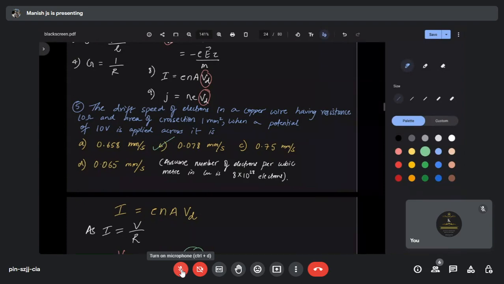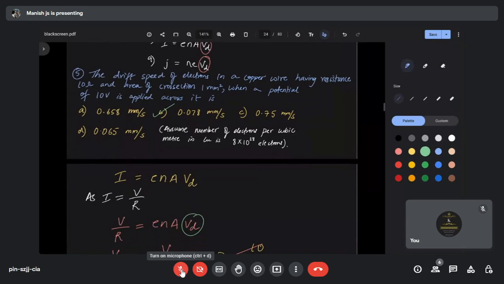Now, area of cross section also, appropriately you find out. So 1 millimeter square is what they told. So 1 millimeter square also you simplify appropriately. When you simplify that, you will get the answer accordingly. So 0.078 is the most approximate value that you get. So answer is option B.